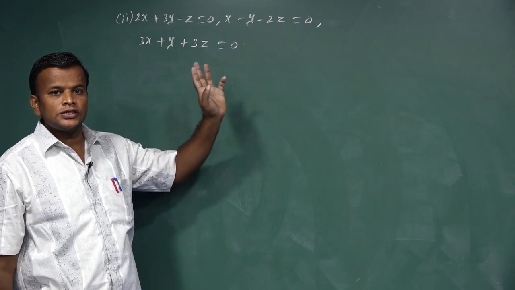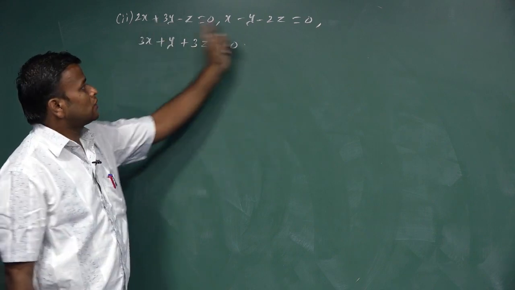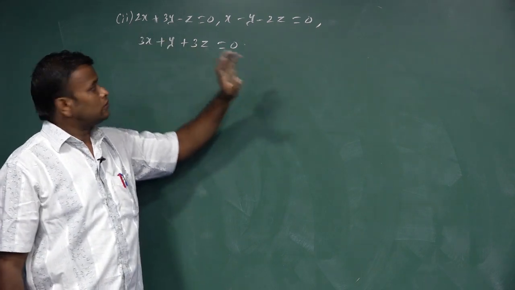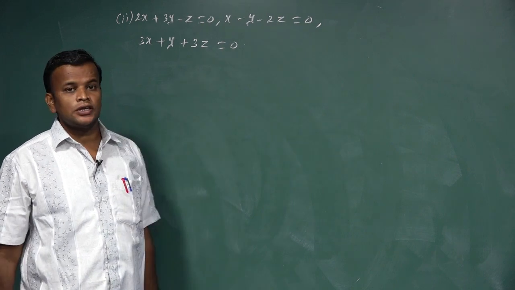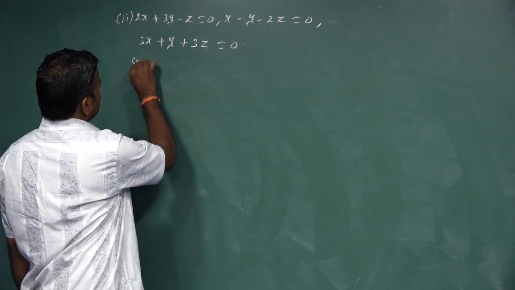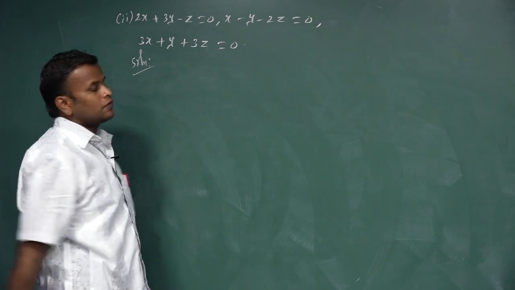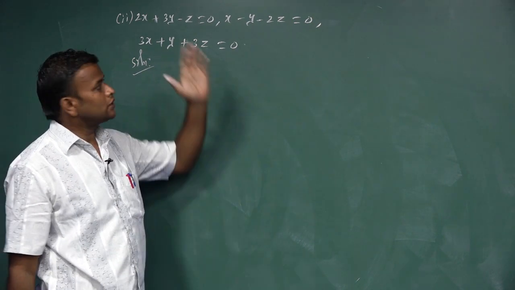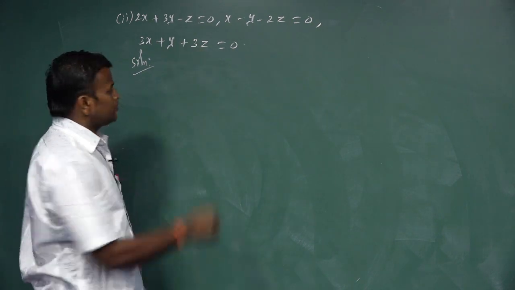In the same exercise, the second subdivision, the same three equations are given. To solve the given system of homogeneous equations, what is the first step? Always the first step is to convert the given system of equations into matrix form.